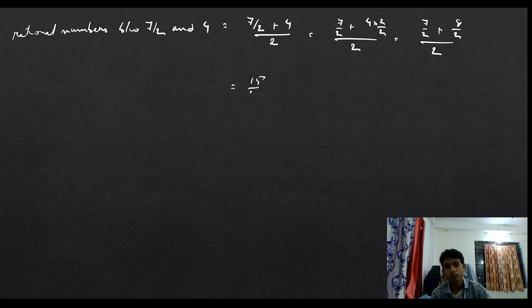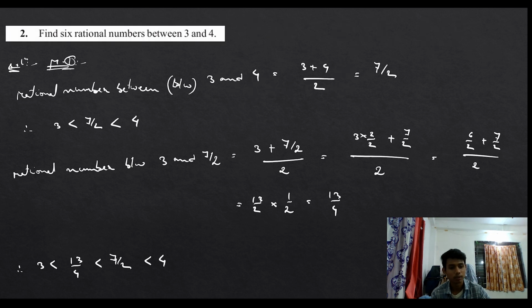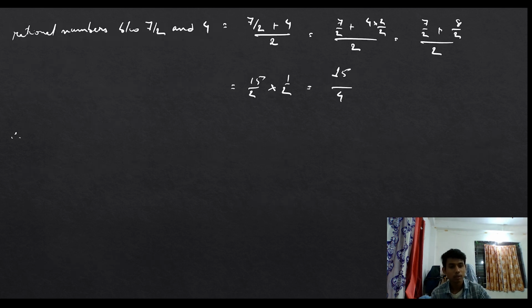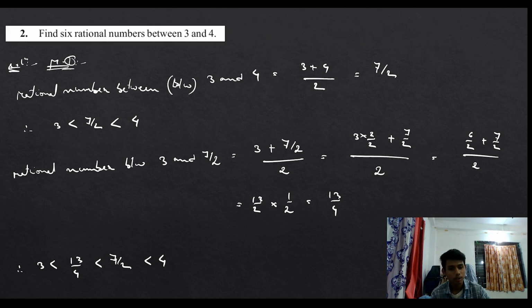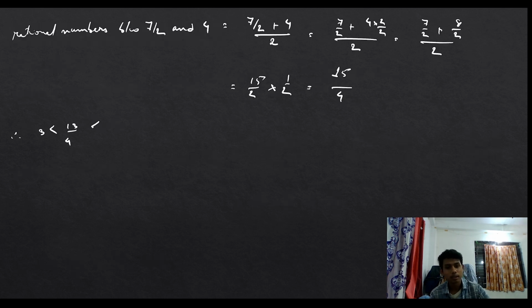That is equal to 15 by 2, and this will be multiplied by 1 by 2. That is equal to 15 by 4. Therefore, 3 is less than 13 by 4 is less than 7 by 2 is less than 4.